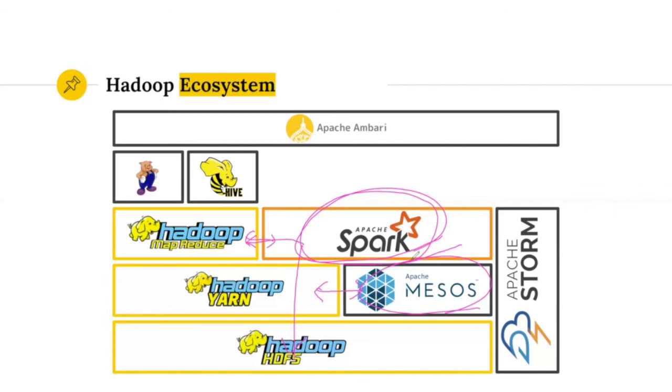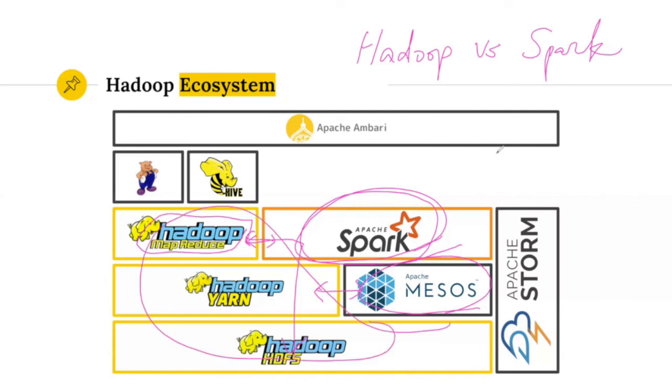Part of the reason why Spark is such a popular technology nowadays is that it can actually be 100 times faster than Hadoop MapReduce. So nowadays, a lot of people compare Hadoop versus Spark. And in fact, that comparison is actually wrong because you cannot compare the Hadoop core with Spark.